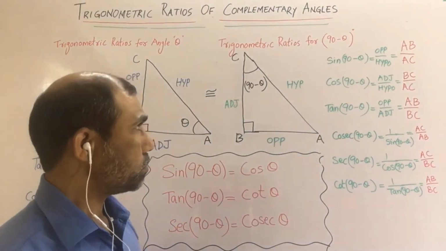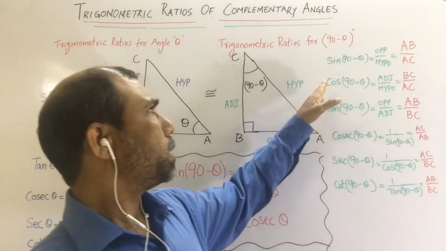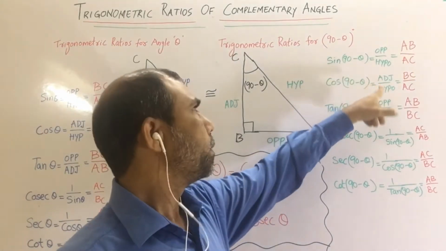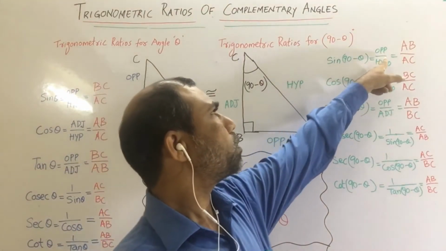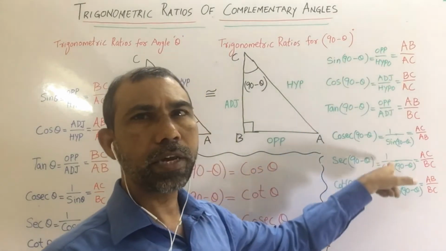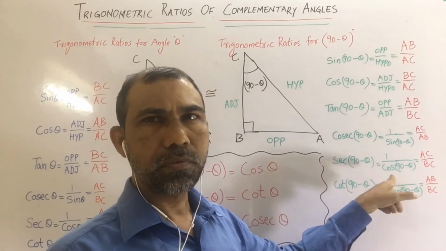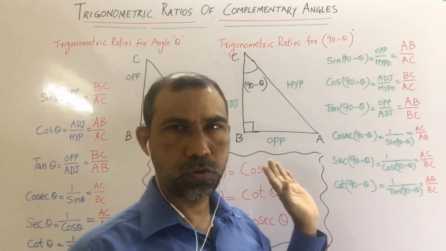Now, let us find the trigonometric function for sin 90 minus theta, that is the complementary angle of theta. Opposite over hypotenuse; we need to take the same basic definitions of the trigonometric ratios.